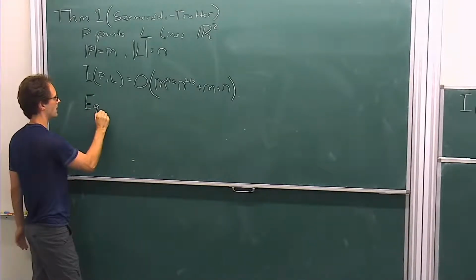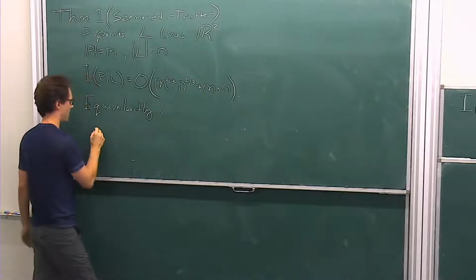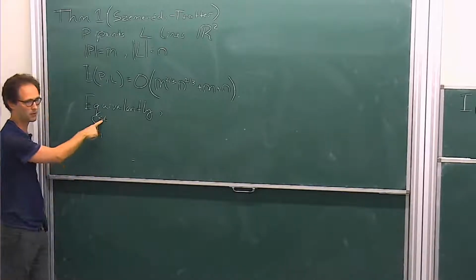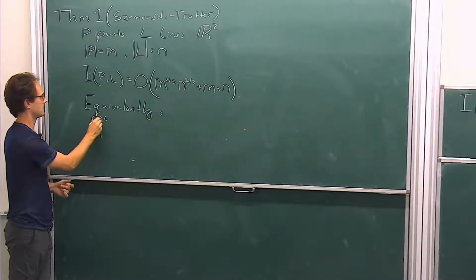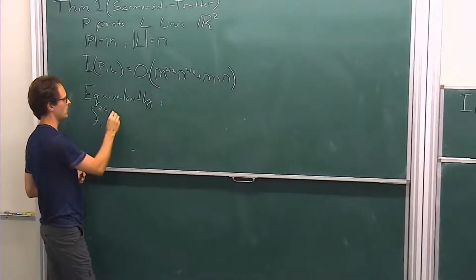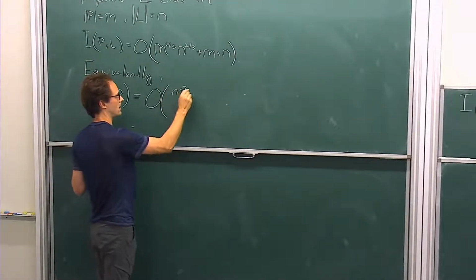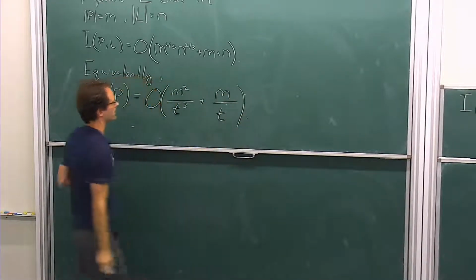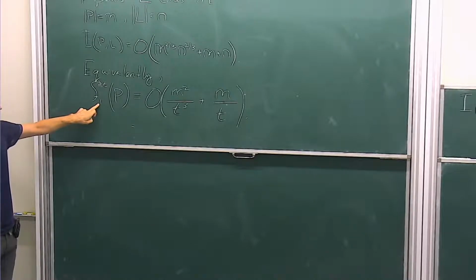Equivalently, f_1 of t is the number of lines that contain at least t, at least 2 points, and it is bounded above by m squared over t cubed plus m over t.